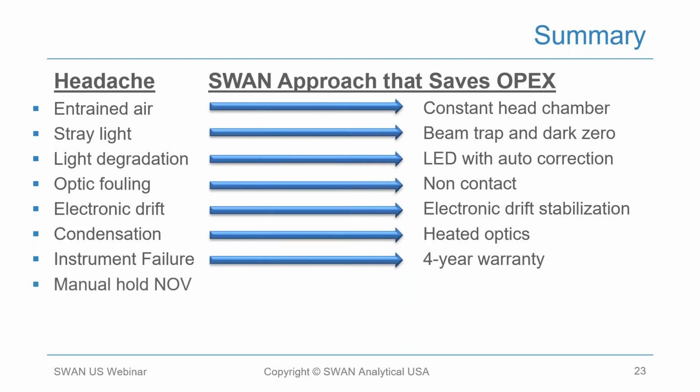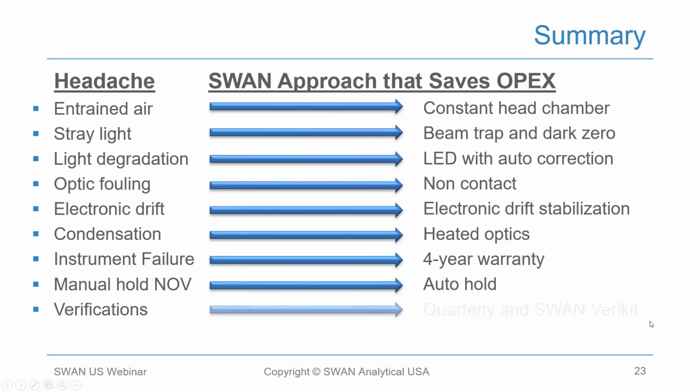The manual hold NOV, no violations and public notifications because you forgot to take the instrument out of hold when you finished working on it. Again, the verification kit is mounted flush in the body and doesn't take special manipulation to work properly. Therefore, the time it takes to perform a verification is reduced.